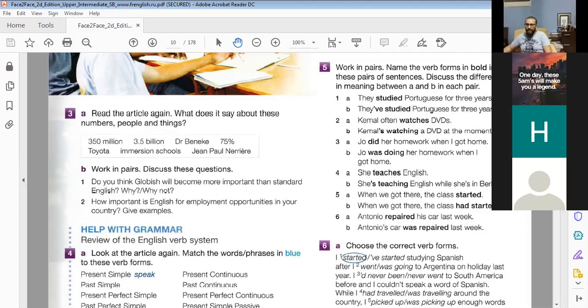I think this is the first time I've seen this kind of exercise. In previous levels, we didn't have this kind of question. At upper intermediate, you should know exactly what you're doing, so they also want you to name the verb form.